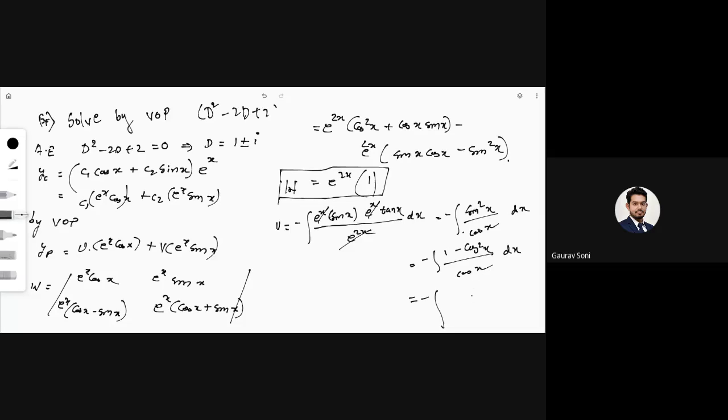You separate the denominator, 1 upon cos x becomes sec x minus, then you take the minus sign inside, cos x minus sec x dx.